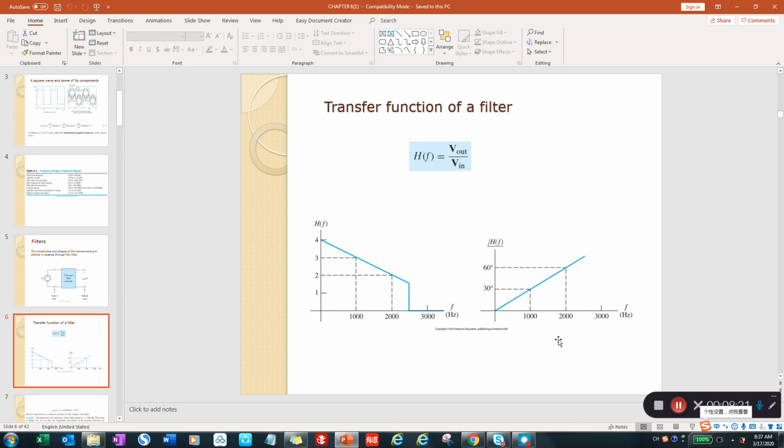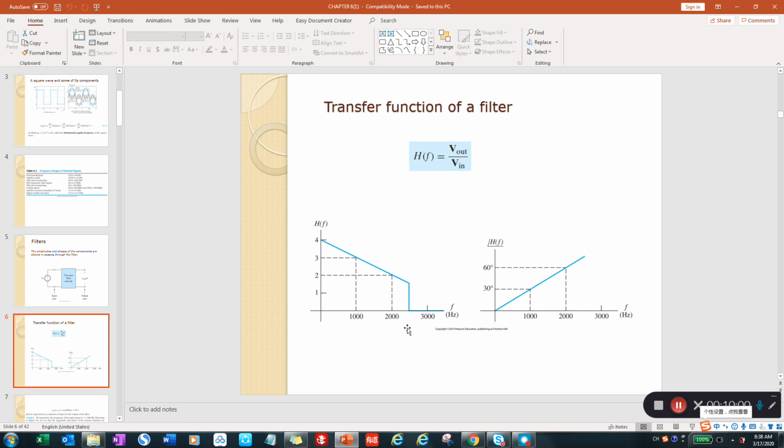Here, these two graphs represent the information of the transfer function. The left-hand side is for the amplitude. The right-hand side is for the phase angle. If you look at the left-hand side, you can see the amplitude changes depending on the frequency. If your signal's frequency is 1000, then the amplitude will be 3. That means you amplify your signal of frequency 1000 by 3 times.